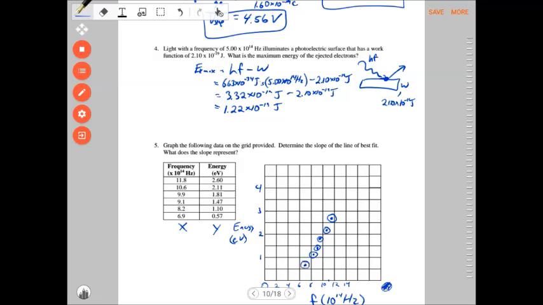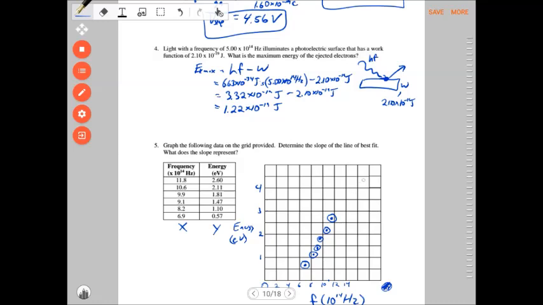Okay. Now, you, of course, would use a ruler for this. I'm going to use a straight edge. Now, you want the line of best fit, so kind of your best line you can.